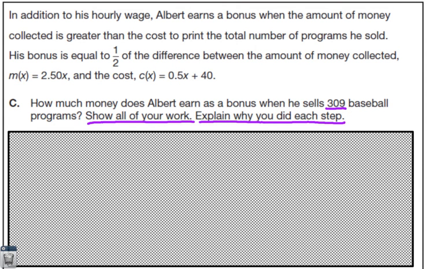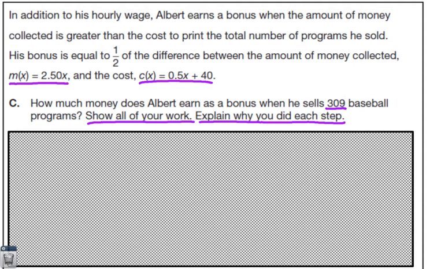So essentially, Albert's bonus is equal to 1/2 of the difference between the amount of money collected, and the cost for making all those programs. And they're both based on X, how many programs were sold. And in this case, it's 309.